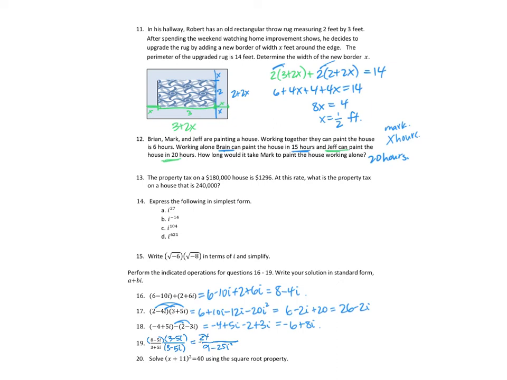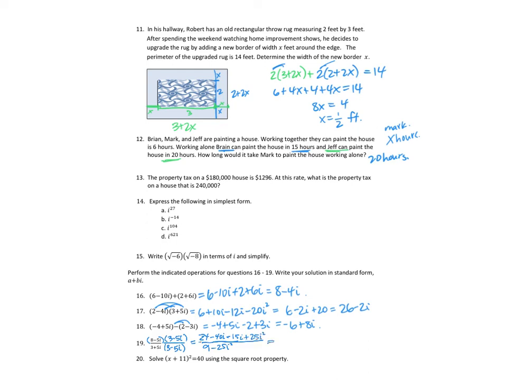And then 8 times negative 5i is minus 40i. And then negative 5i times 3 is minus 15i. And then negative 5i times negative 5i is going to be plus 25i squared.